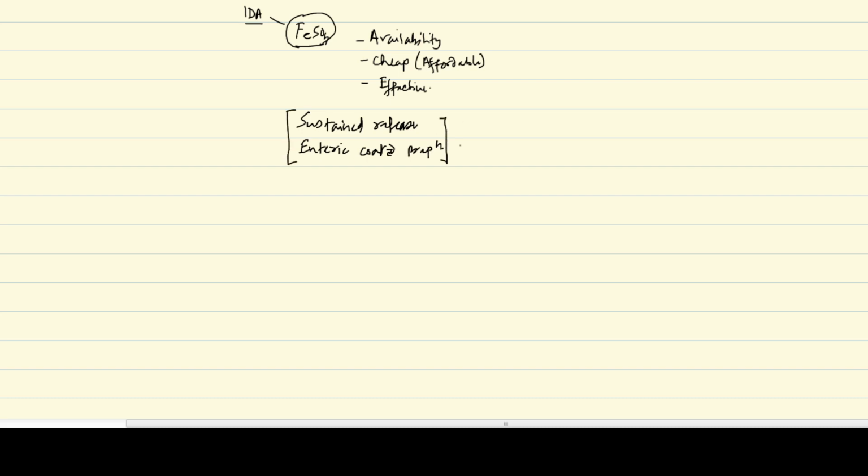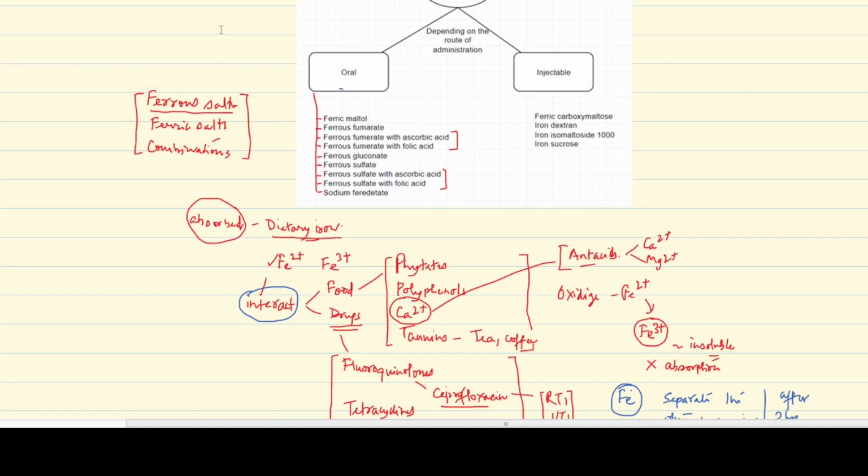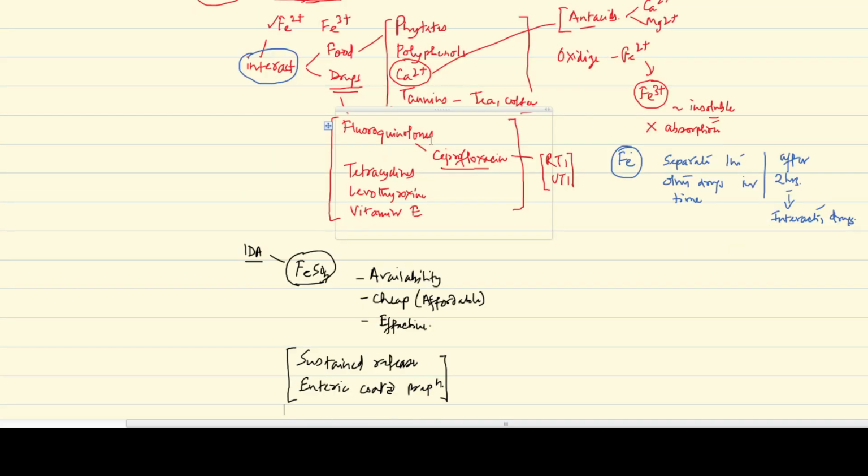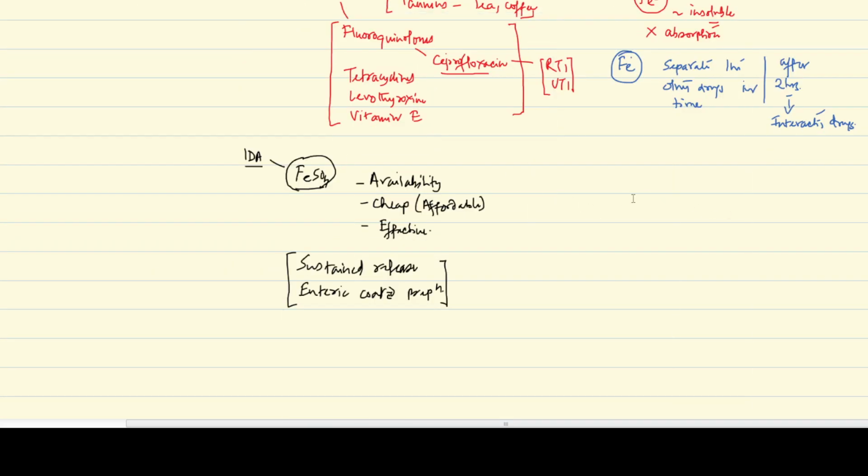So should this be in our list? We did not talk about any of these sustained release preparations. If you recall this list, it doesn't have any sustained release or enteric coated preparations. Why? What's the reason?